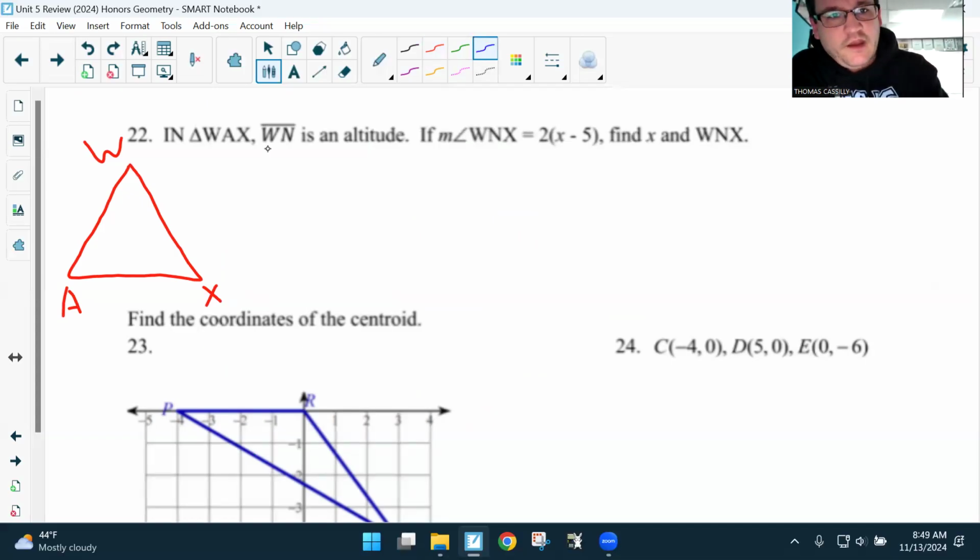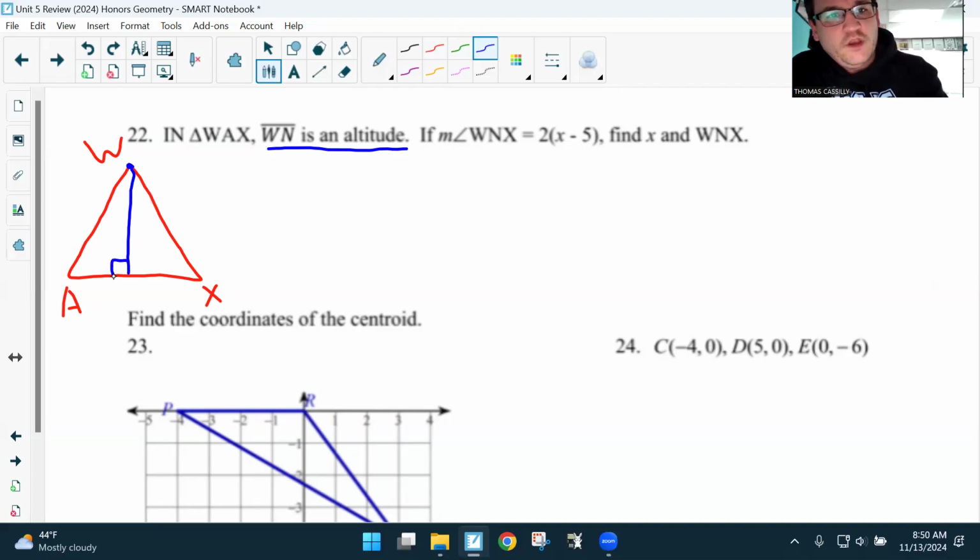WN is an altitude. What does an altitude do? An altitude starts at a vertex and goes straight down to make a 90-degree angle with the opposite side. Since W is part of the segment name, I'm going to start at the vertex W and go straight down. I'm going to pretend that's a straight line, and it has to make a 90-degree angle.